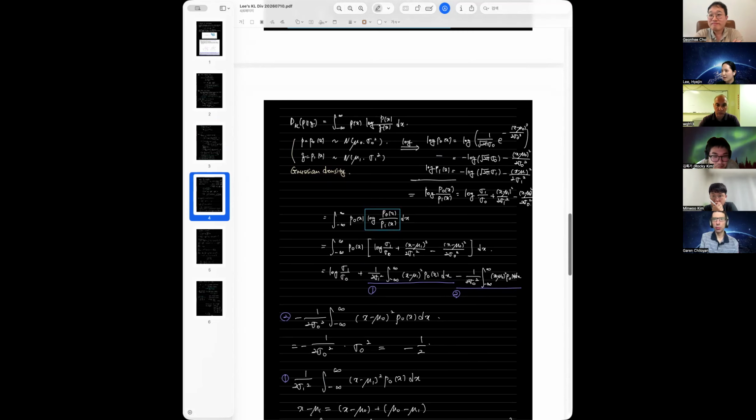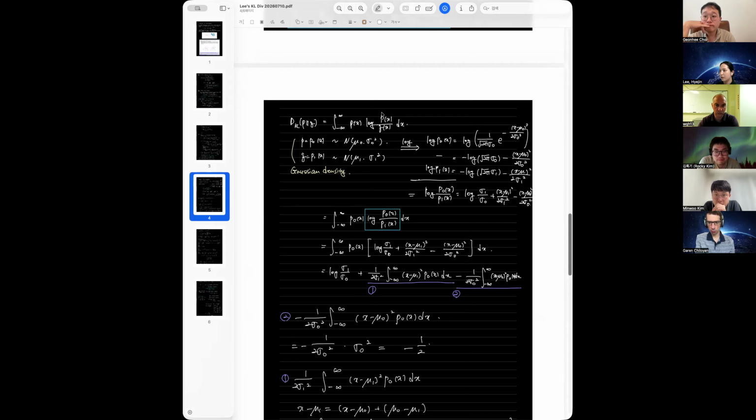This is my calculation of the one-dimensional KL divergence between two Gaussian density functions, and here is my computation. This is the formula of KL divergence, and I input the two Gaussian density functions, P and Q. P I denoted with mu0 and sigma0, and Q with mu1 and sigma1.